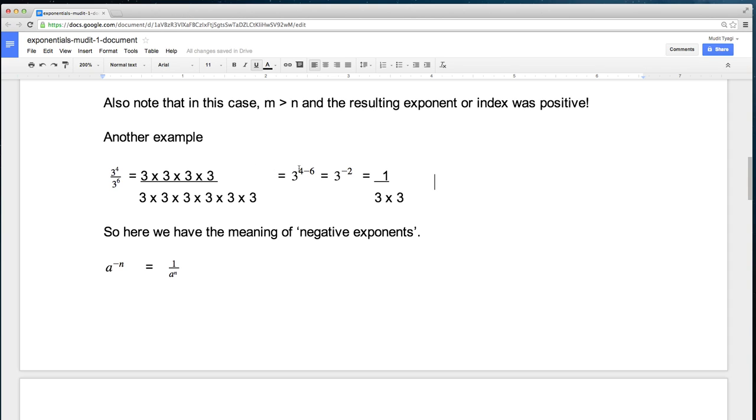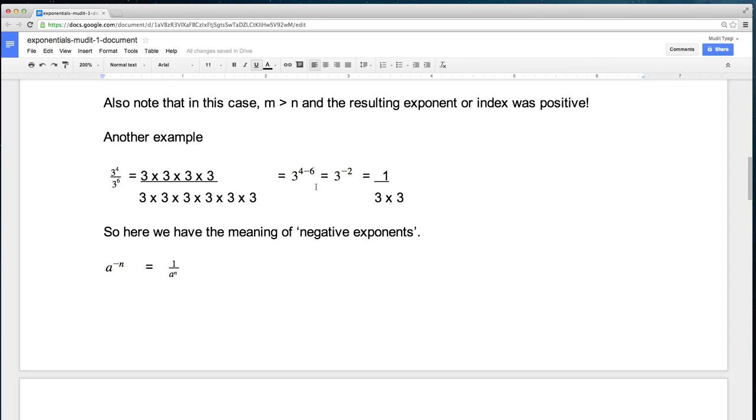So we're just following a rule that 3 to the power of 4 divided by 3 to the power of 6 should give us 3 to the power of 4 minus 6. And we can see why that rule works. We've got 4 threes on top, 6 threes at the bottom in the denominator, and the 4 threes in the numerator will cancel out 4 threes in the denominator, and we'll be left with 2 threes in the denominator.